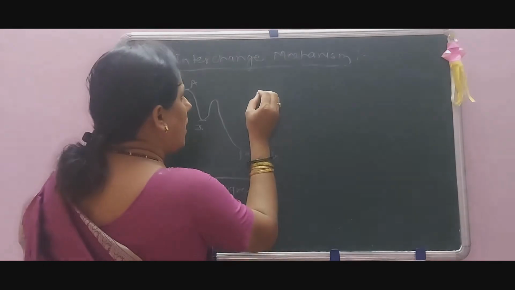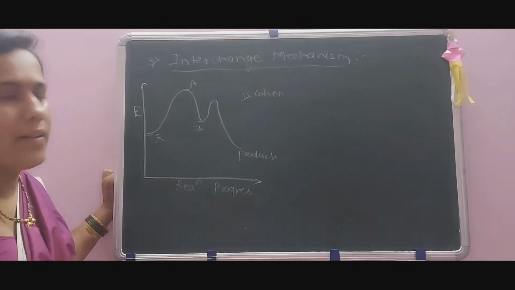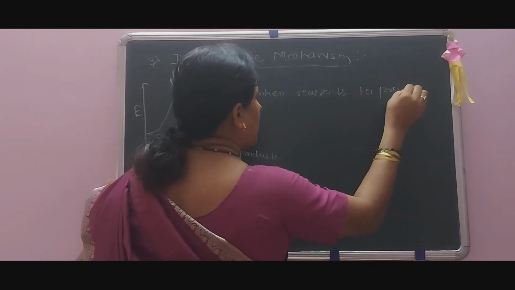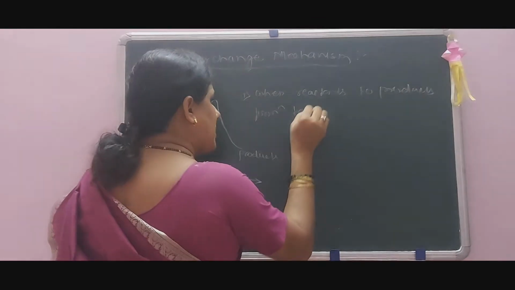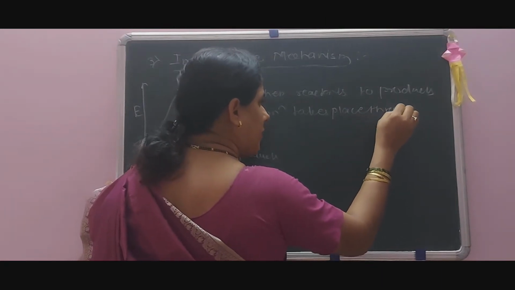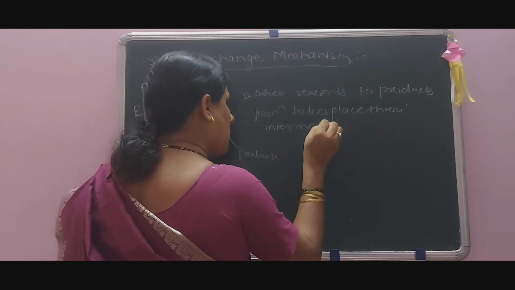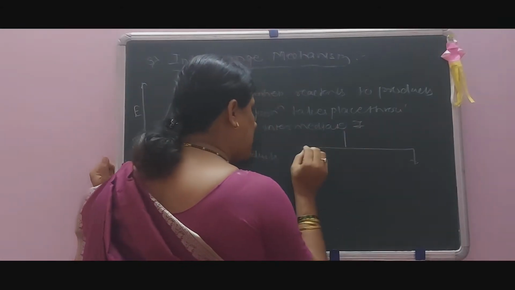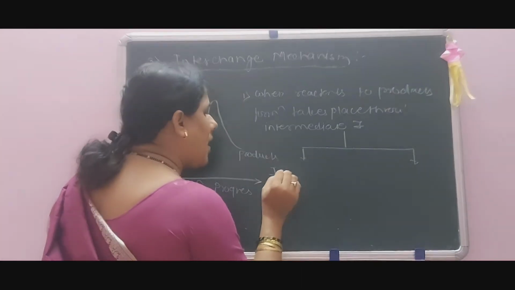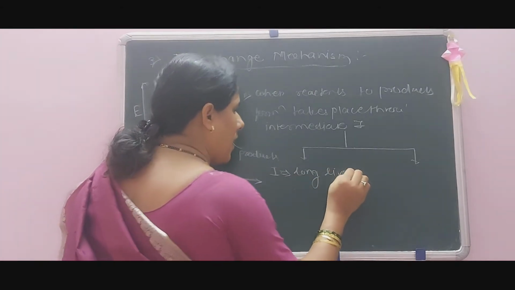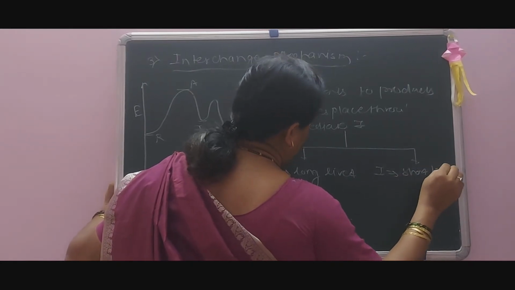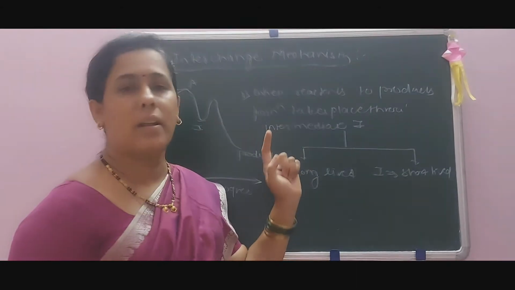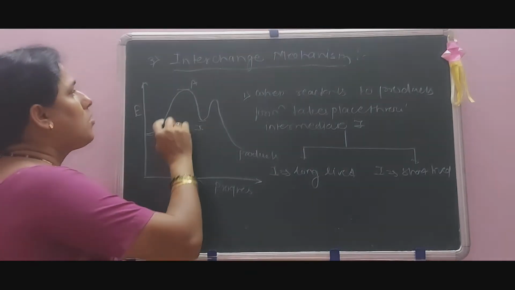As a first point, we consider that when the reaction turns to products, formation takes place through an intermediate I. If we consider this intermediate I, there are two types: an intermediate I that is long lived and an intermediate I that is short lived. When the reactants go to products, the path goes through the intermediate I, through its activation state.